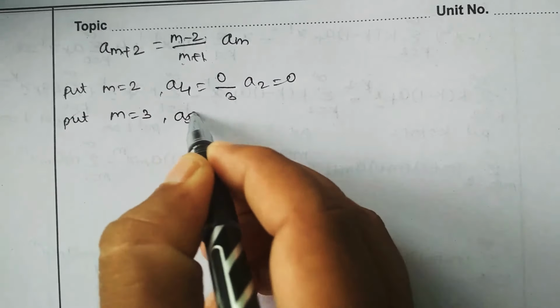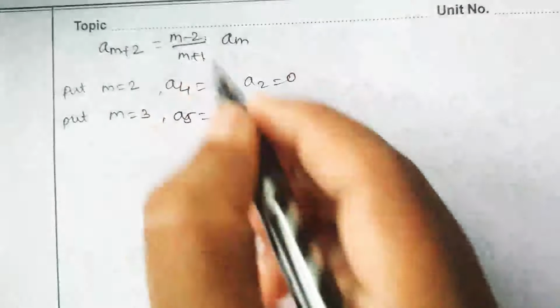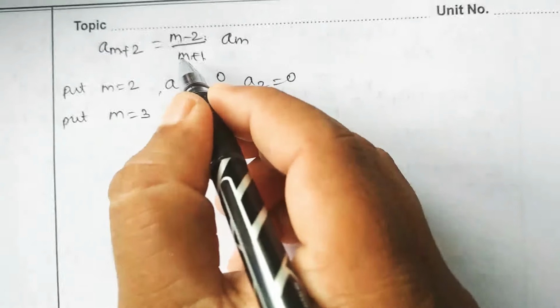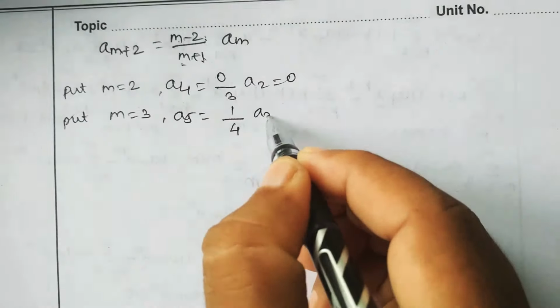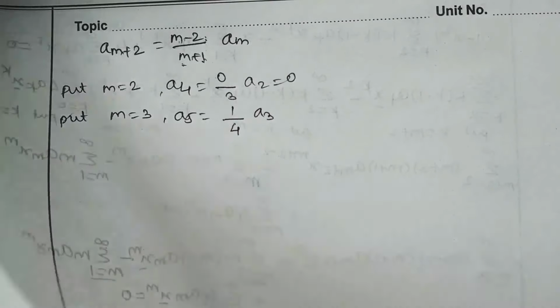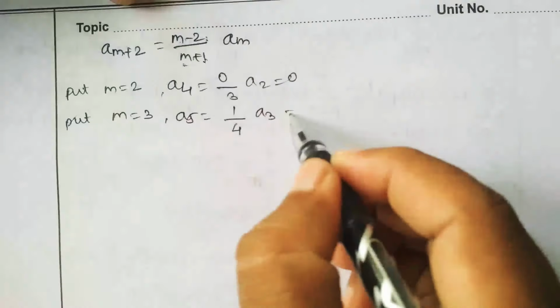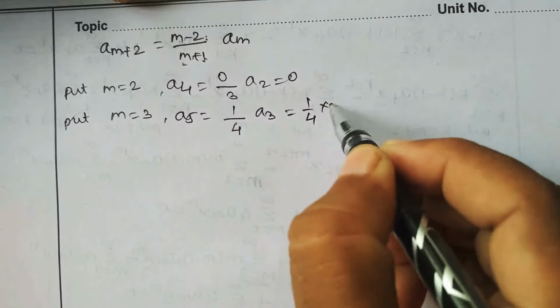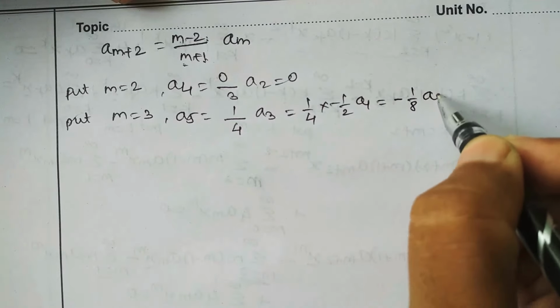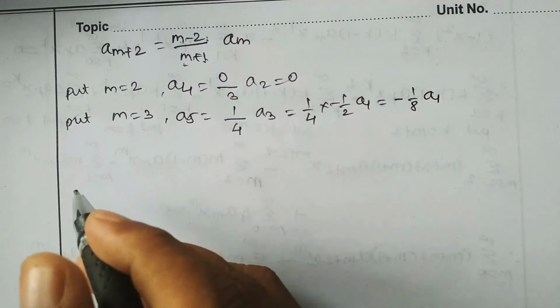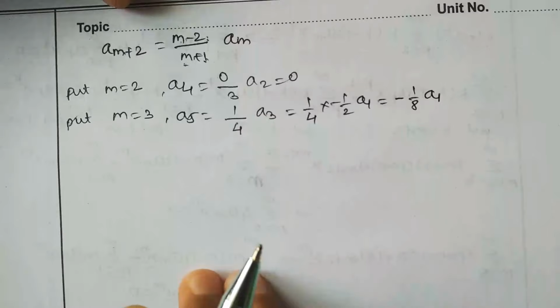So you will get a5 is equal to (3 minus 2) is 1 upon (3 plus 1) is 4 a3, and the value of a3 is minus 1 by 2 a1. So it is 1 by 4 into minus 1 by 2 times a1. So you will get minus 1 by 8 a1, and so on.